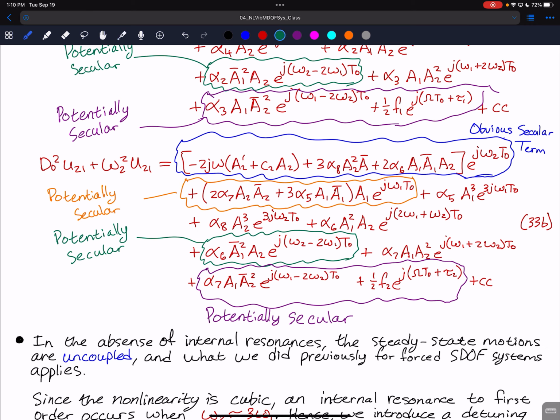So actually, that term becomes secular. Okay.